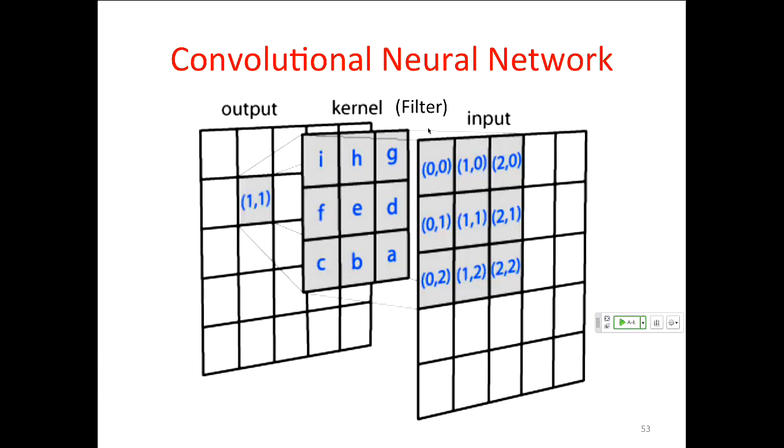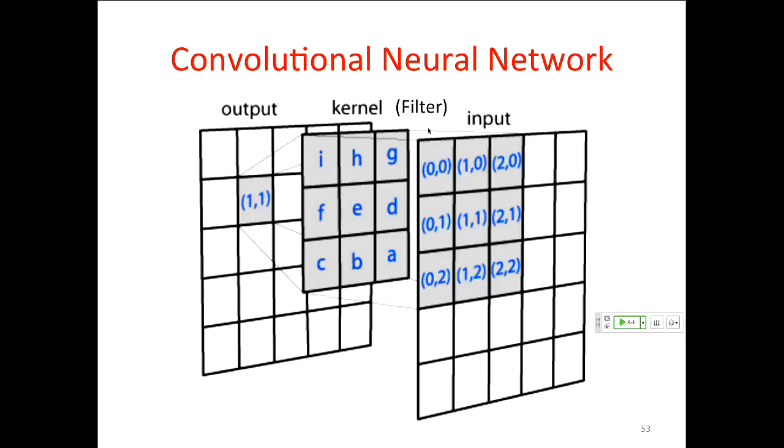Previously, the neurons are fully connected to each other. But in this case, we are looking at a local region of the input image, okay? So here we have some local image, and we have a function called a kernel to get some value from the relationship in this local region, and we eventually get the output like this, okay?